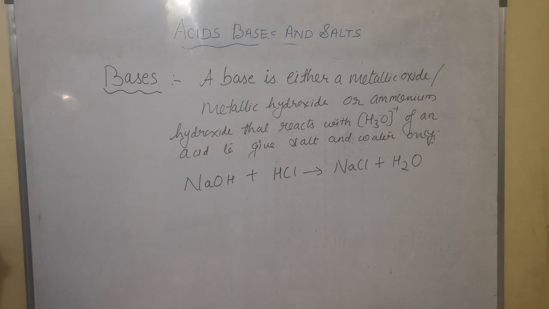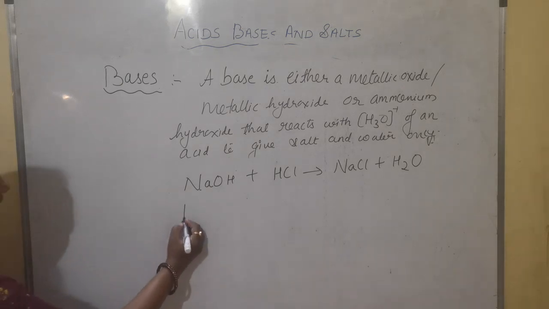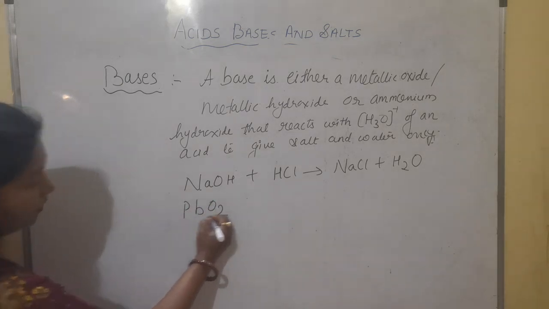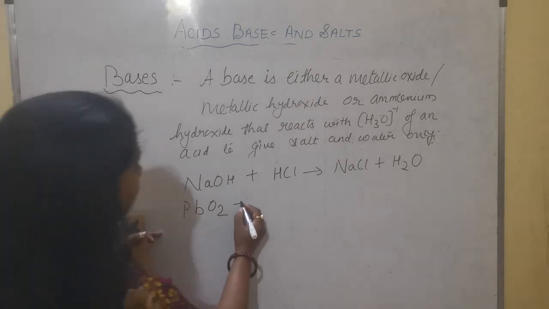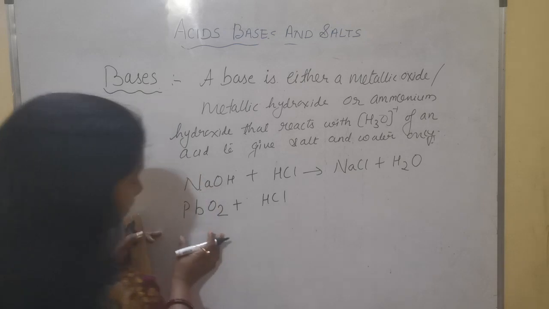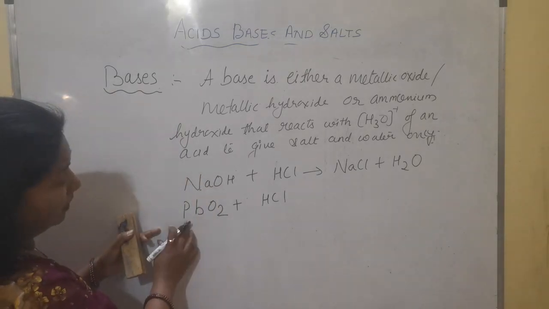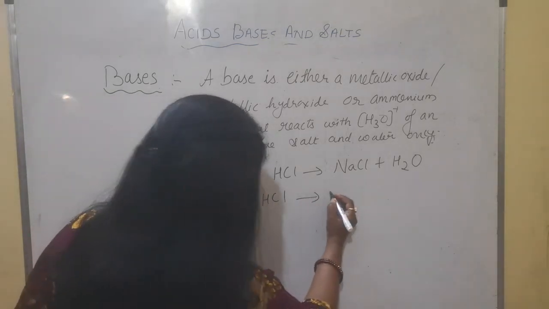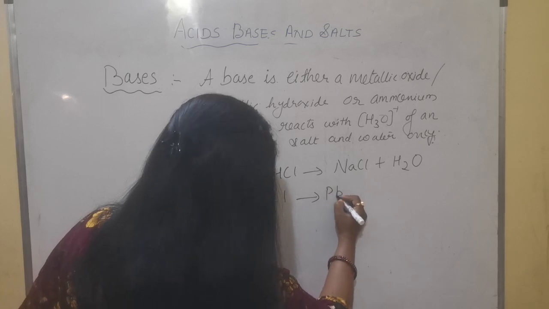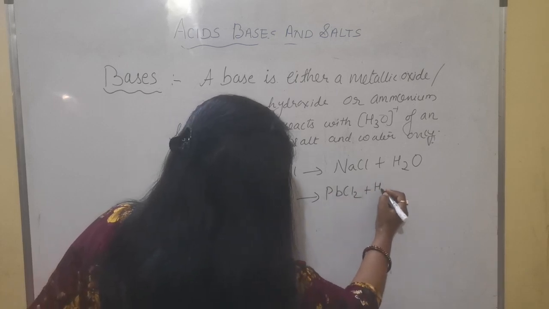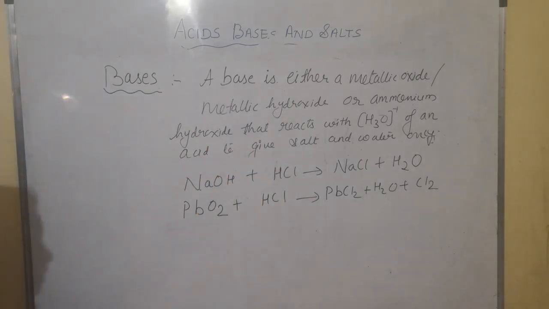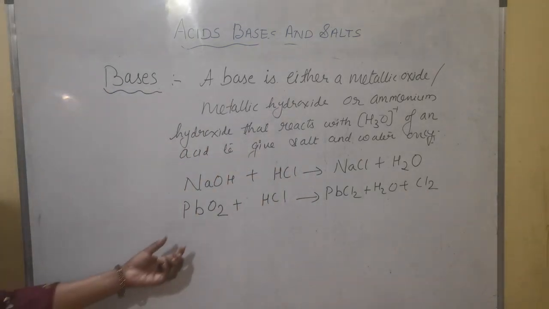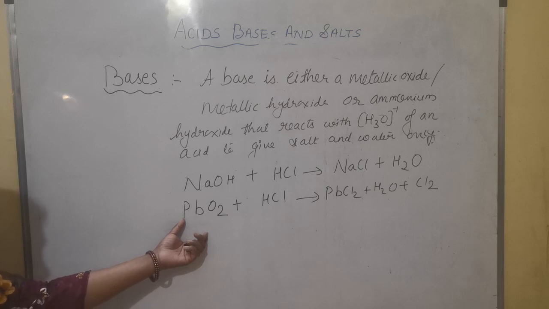Okay, so let's take one more example to make it more clear. This is lead oxide, a metallic oxide, and when you react it with acid, what are you getting? A salt, water and one more product, that is chlorine gas. So do you categorize it as a base?